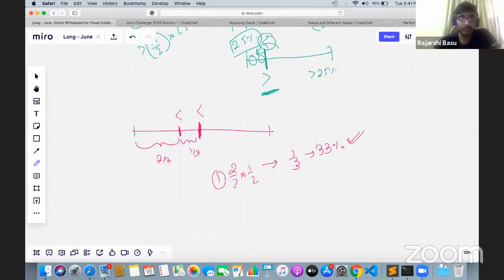In the other case, you have this lesser than symbol.